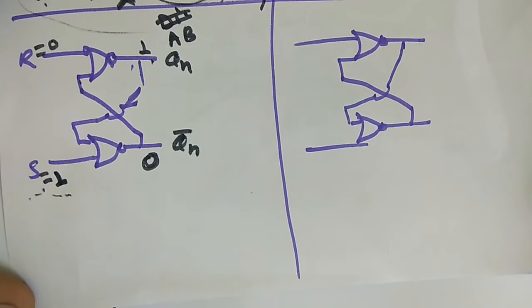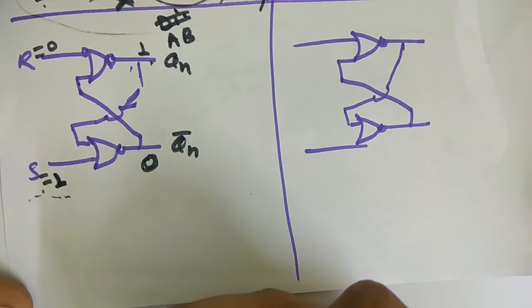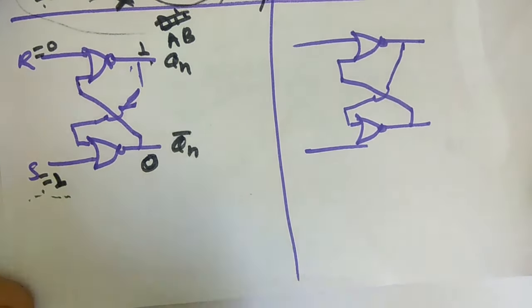So when do we require the previous value? When we have similar inputs, either both are 1 1, so both are disabled, or both are 0 0.